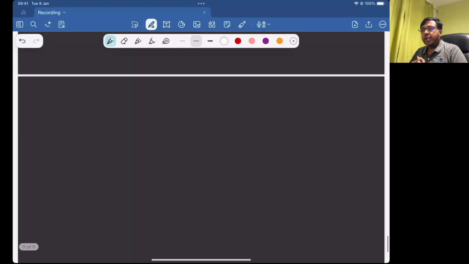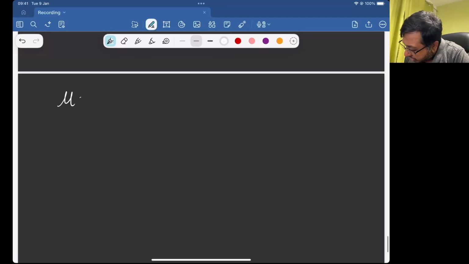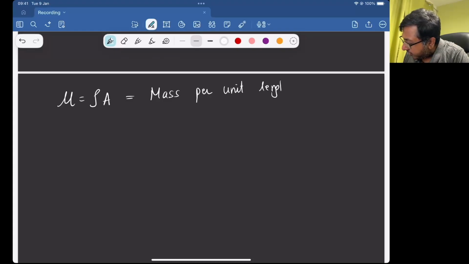Right? So let's define some things before we go ahead. Let's define mu as density times area, which is nothing but mass per unit length. We'll see why this makes our life easier when writing things.